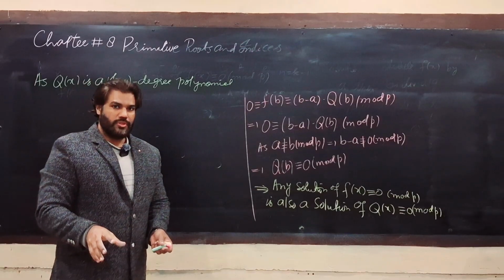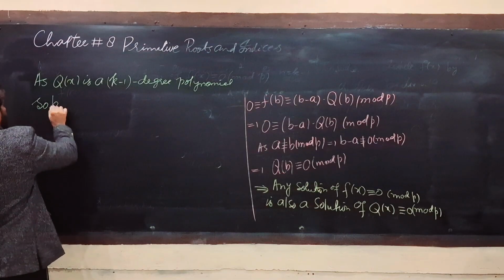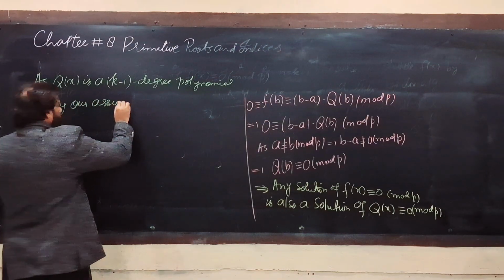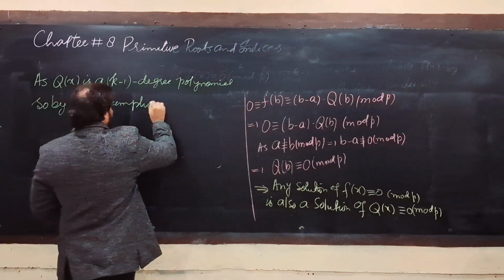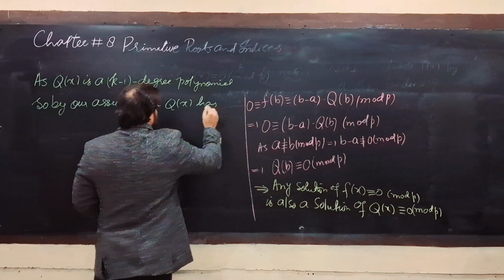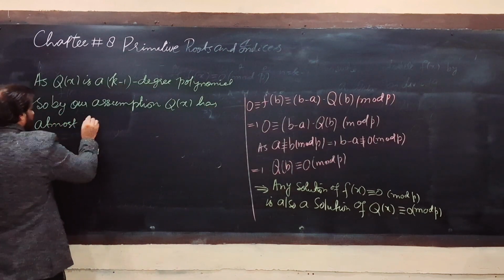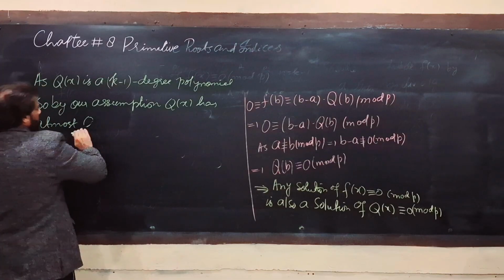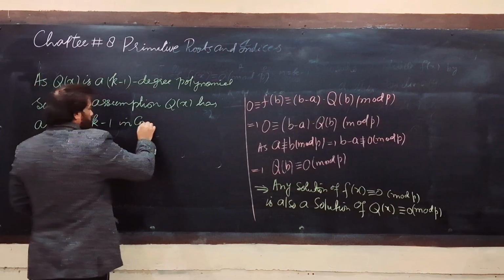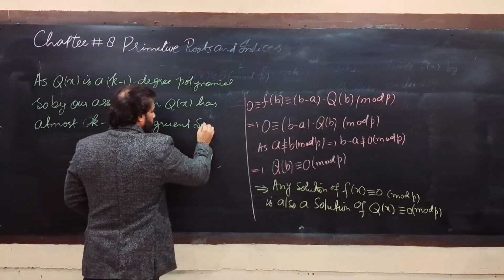This was our assumption. So by our assumption q of x has at most k minus 1 incongruent solutions.